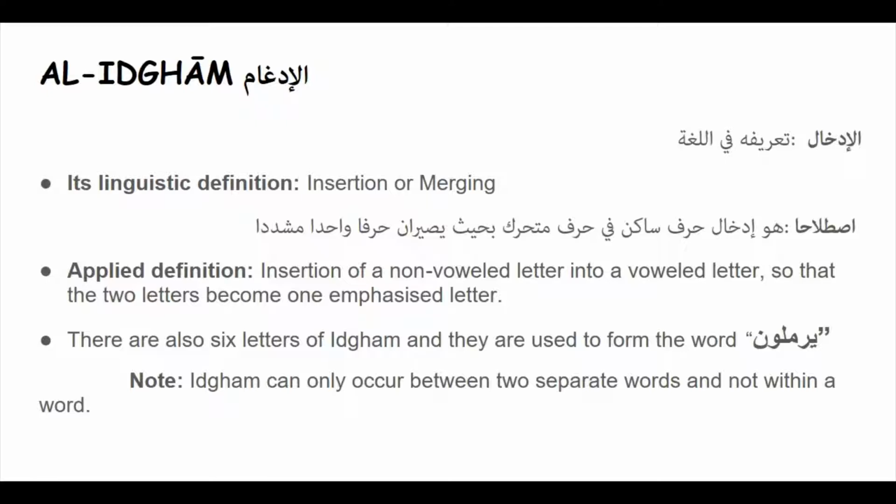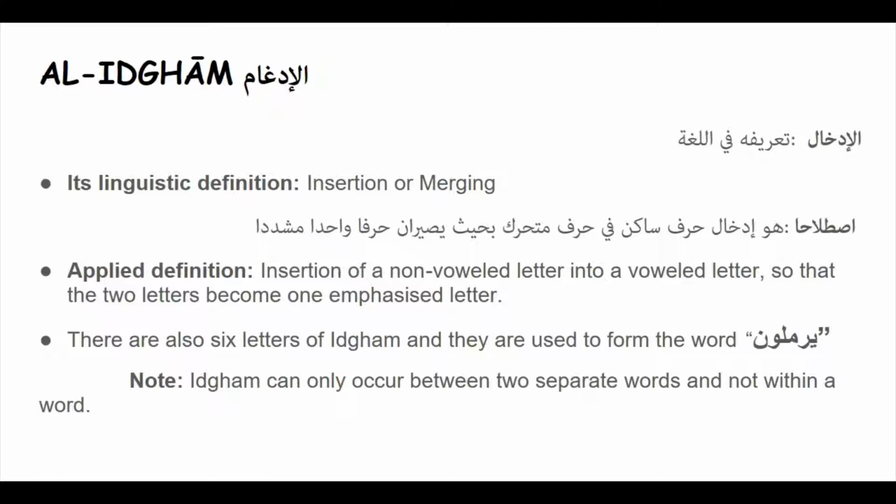The technical or the applied definition of idkhal, because we are talking of the Arabic alphabet, is the insertion of harfin sakin, a non-vowel letter, a letter with sukun, into a voweled letter.